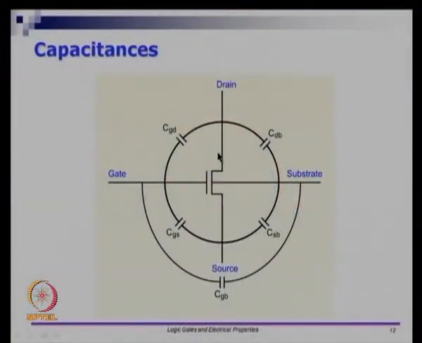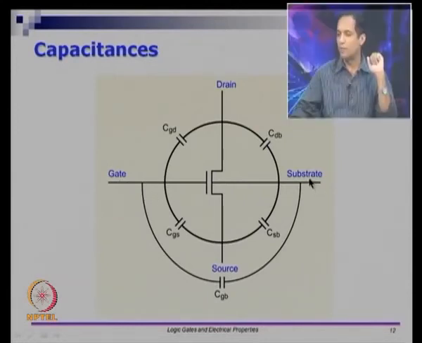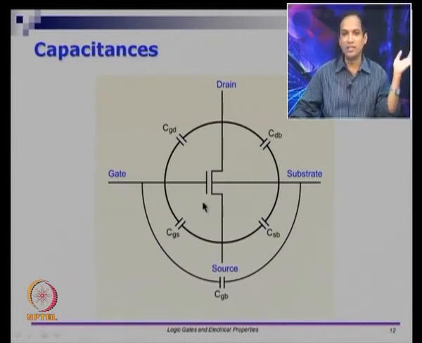Then let us look at the device itself. If I look at a transistor, we have three terminals, drain, source and gate. There is also an implicit terminal called the substrate which you do not operate usually in the CMOS device, and because of the way they are constructed, there are capacitances between each of these terminals.